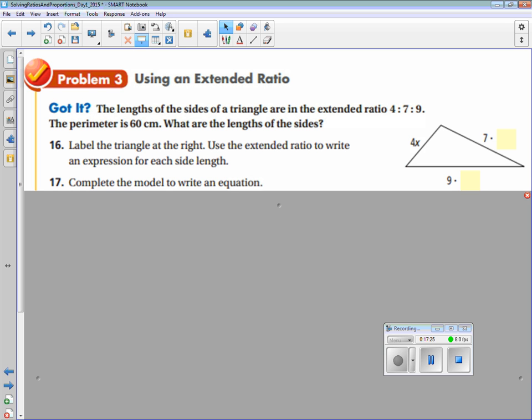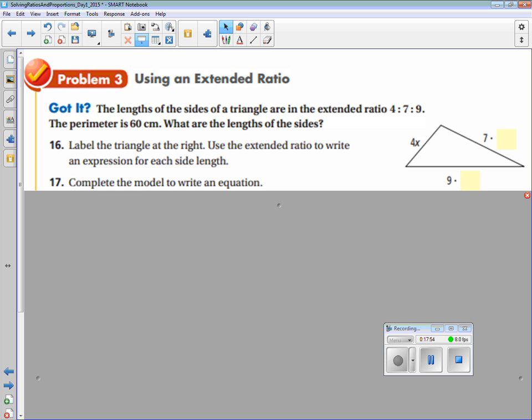Now, this ratio has been reduced. You know how we reduced the previous one to say, what was it, 3 to 4? Is that what it was, the one previous to it? We reduced it to 3 to 4. This one's already been reduced. The problem is we don't know how much it was reduced by. That's what we need to figure out. Okay? We don't know. The side length is not 4. It's 4 times something.